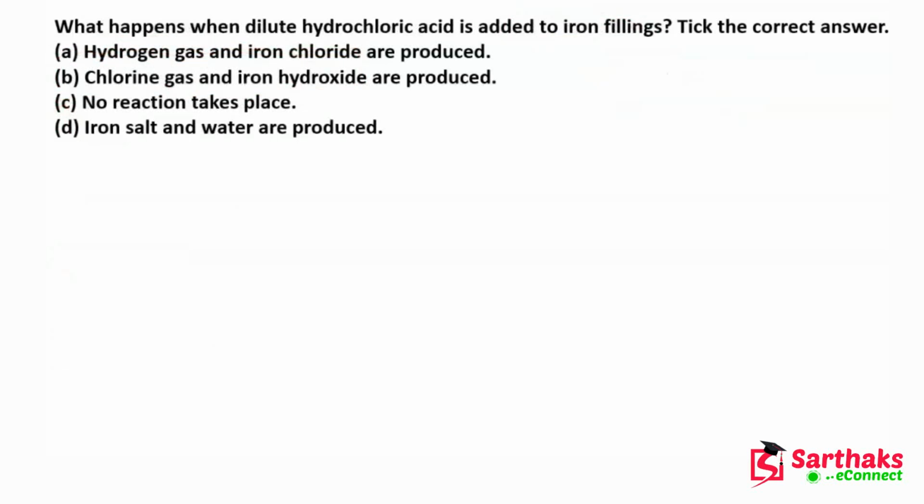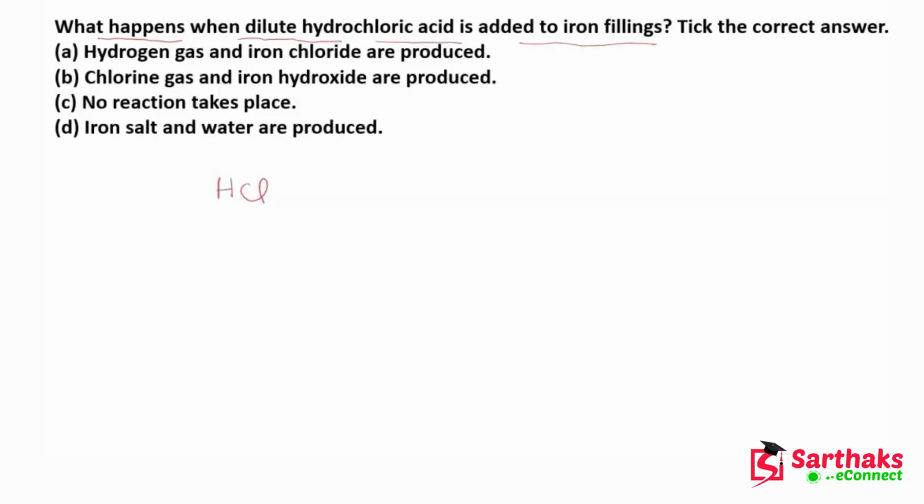Okay guys, so here we are. Here we have been given a chemical reaction. So let's read this question. What happens when dilute hydrochloric acid is added to iron filings? We have to know what hydrochloric acid is. We all know that hydrochloric acid is HCl.